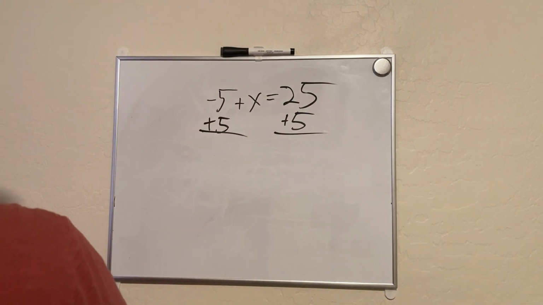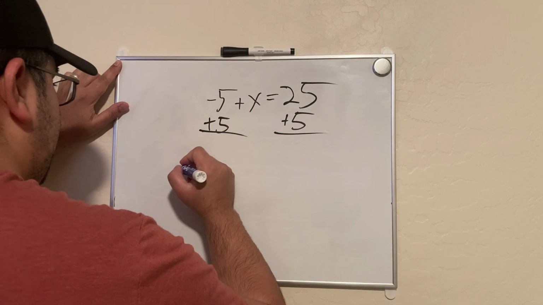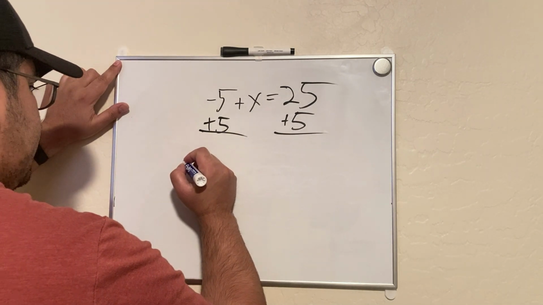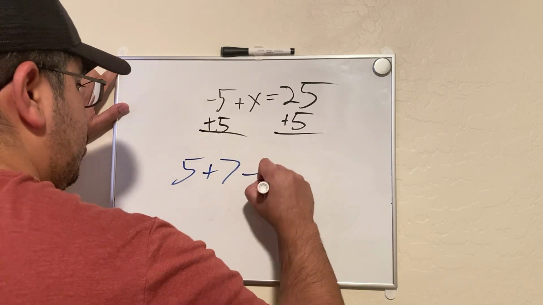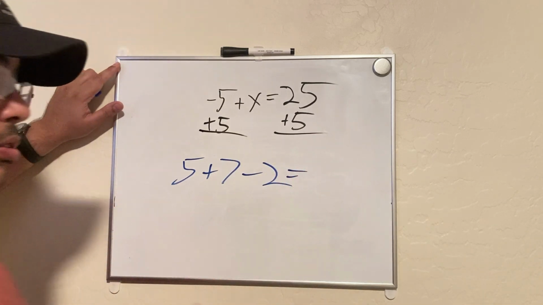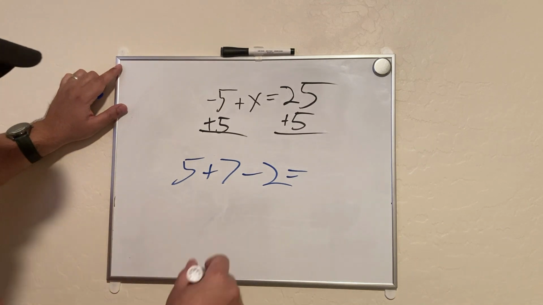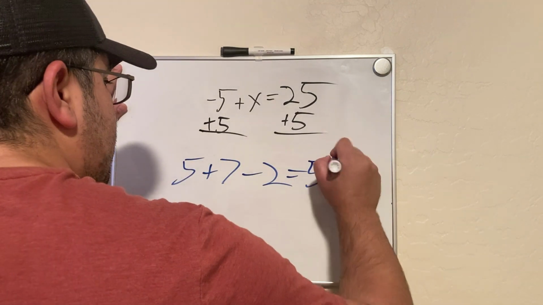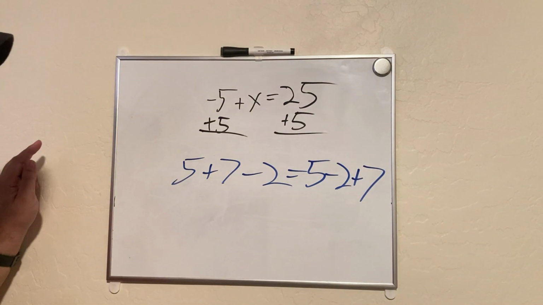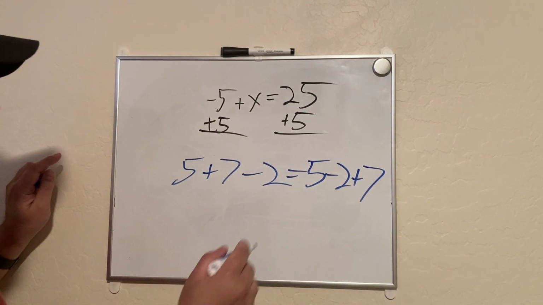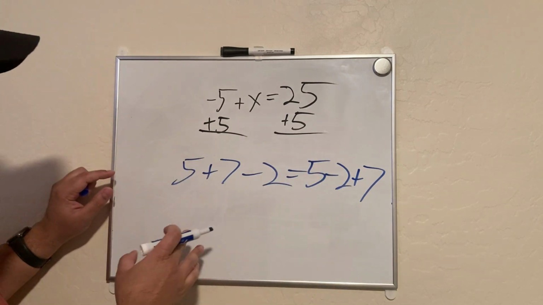The commutative property means that you have a number like 5 plus 7 minus 2. If we move it around, that's the same as 5 minus 2 plus 7. These are the same thing. They're equal because we can move these around.